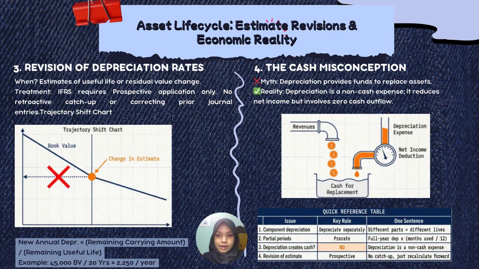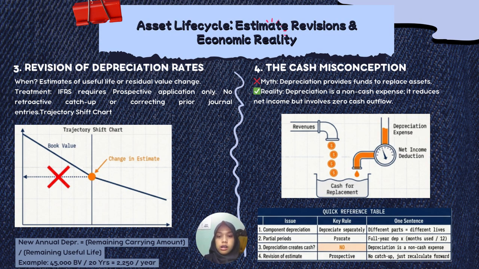So I will explain the second slide. This slide talks about estimate revision and economic reality. The first one is revision of depreciation rates. Sometimes companies change estimates about useful life or residual value. Under IFRS, these changes are applied prospectively.